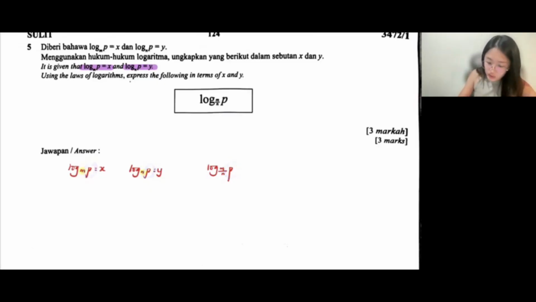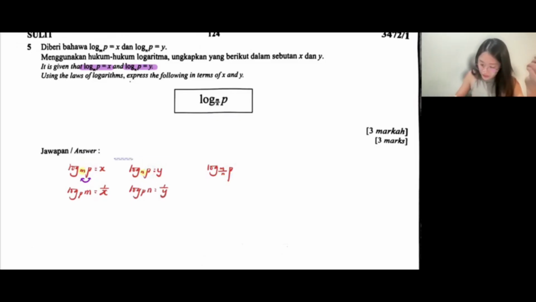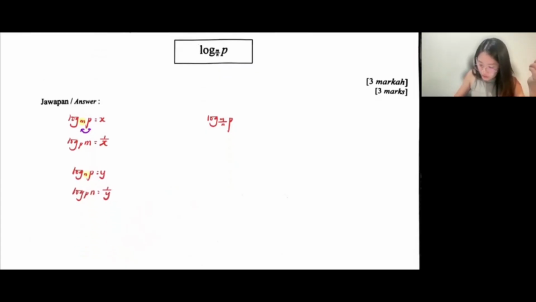So what I will do here is I will make p my base, everything. So I'm just going to exchange position with p and m. So if you're exchanging like that, right? P goes inside, m goes outside. What happened to x? x will become 1 over x. So you just invert it. Same goes to your information over here. p moves in and m moves out, and this will be 1 over y. This is your information over here. Then let's start off with this.